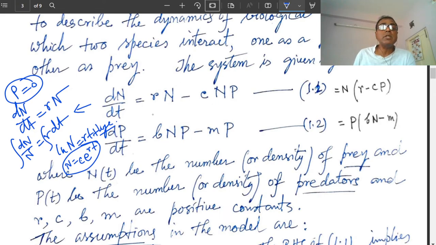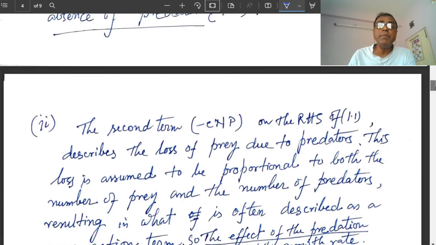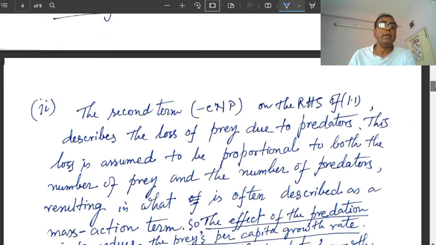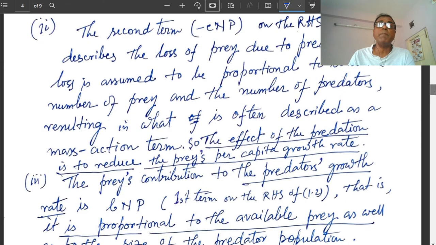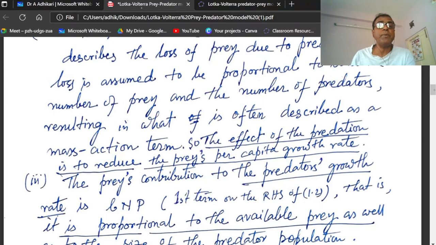So this term, minus CNP, on the right hand side of 1.1 describes the loss of prey due to predators, and this loss is assumed to be proportional to both the number of prey and the number of predators.